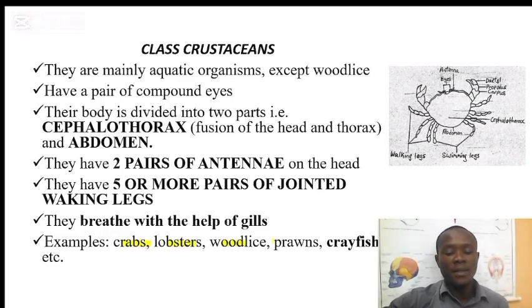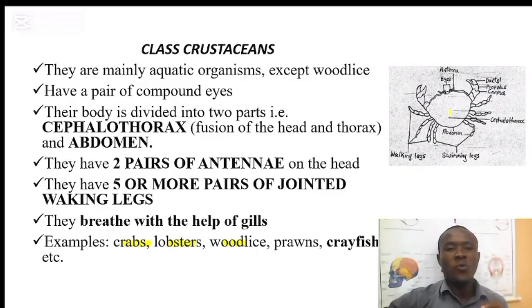prawns, etc. For exam purposes, you will be given a diagram to identify. For example, here, this one is a crab. After you identify it, you will be asked to state the phylum, that is the phylum Arthropoda, and you have to give characteristics to justify your statement.